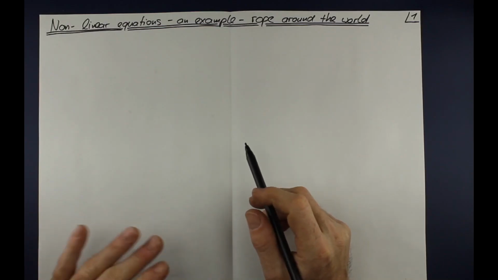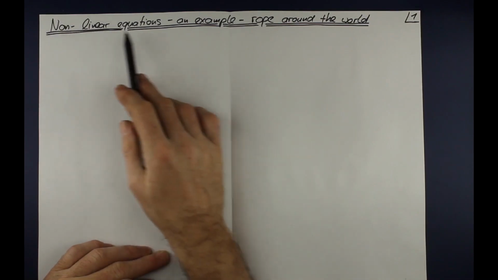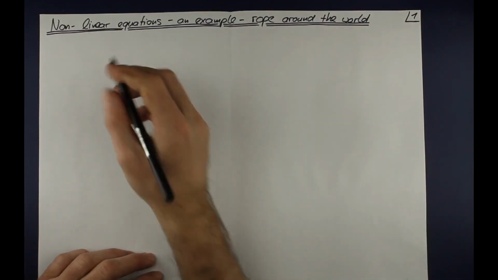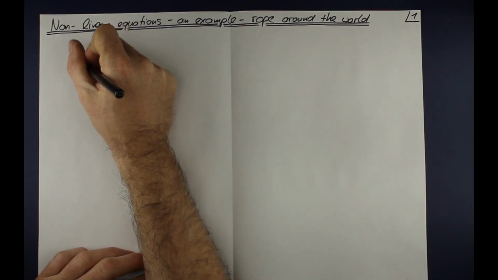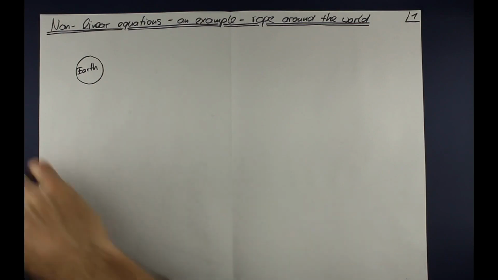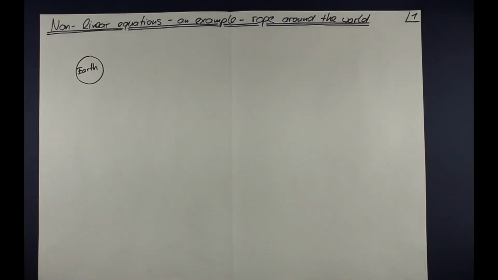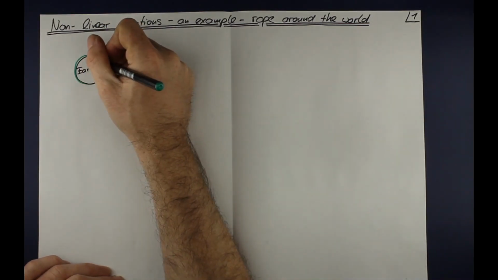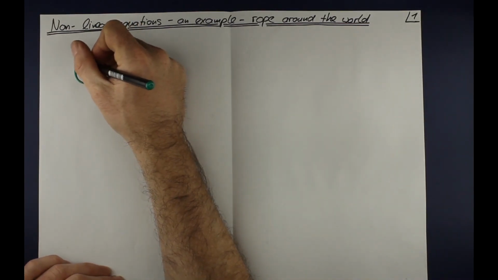Let's talk about a second example for a nonlinear equation. Where does such a thing come from? Let's say this is the Earth where we are living on, and then we span a rope around the equator, completely tied without any distance.